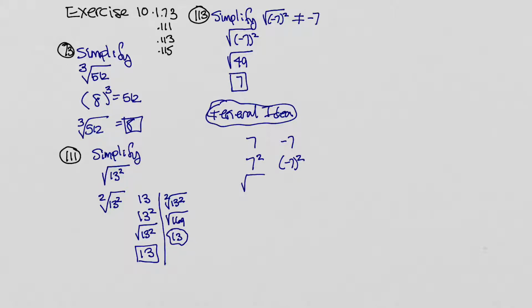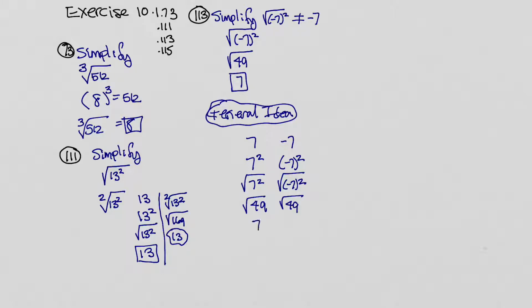Okay, and then we'll square root. Now in this case, we get the square root of 49. Actually, let's do both of those. Let's take it a step further. So we'll get the square root of 49. Over here, we also get the square root of 49.